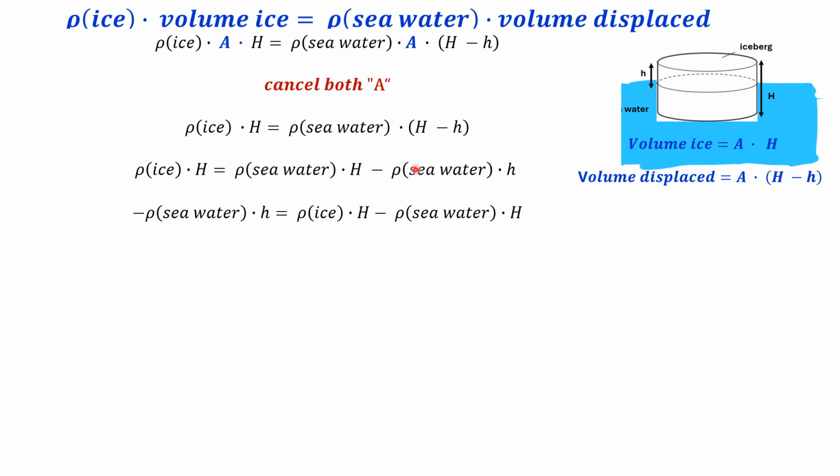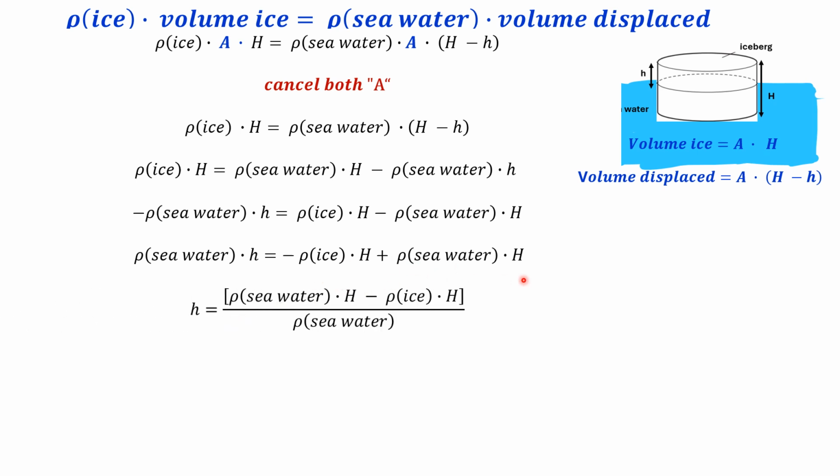This term stays where it is, but I move it to the left side of the equation, and the density of the ice times H minus the density of the seawater times uppercase H. To make it a little better, I'm going to switch the sign of the whole expression. Now the density of the seawater is positive, and this one is negative, and this one is negative. Now I'm going to divide the whole term by the density of the seawater.